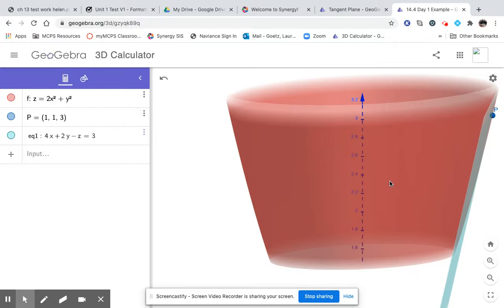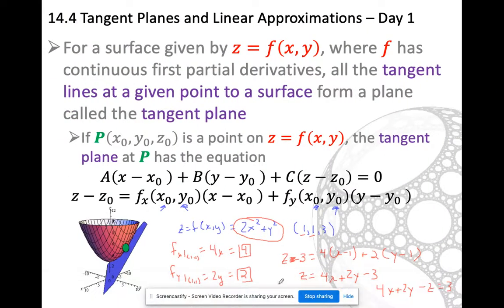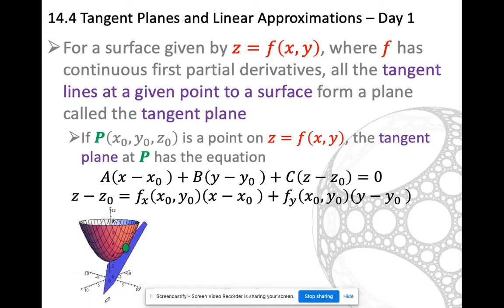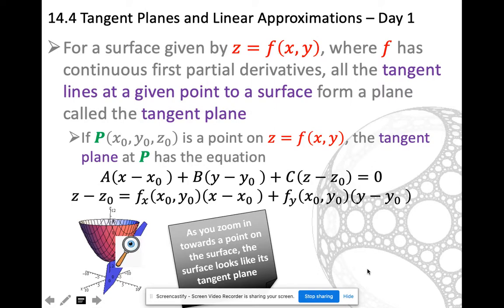Cool, right? So again, if you zoom in close enough, as long as you are differentiable, the surface looks like its tangent plane.